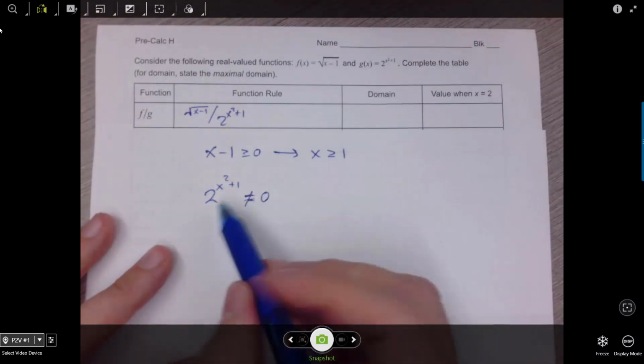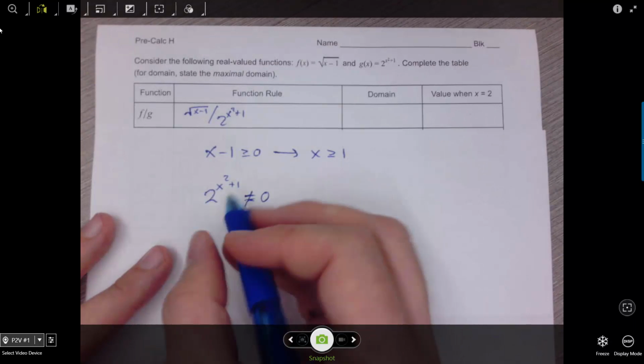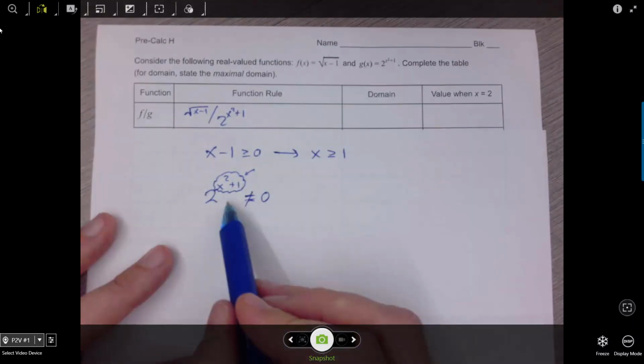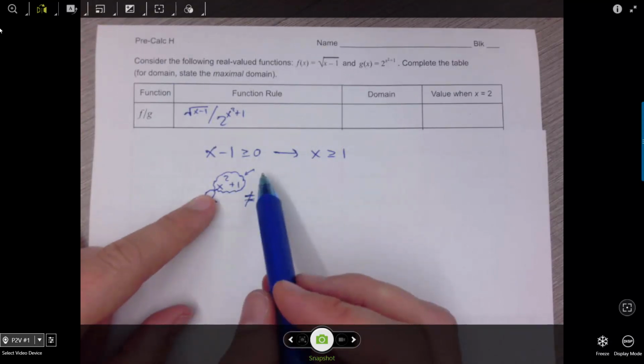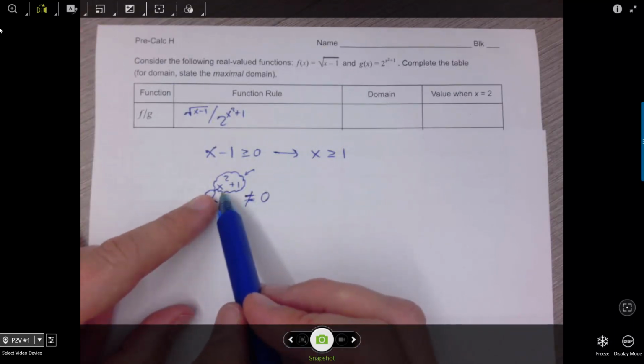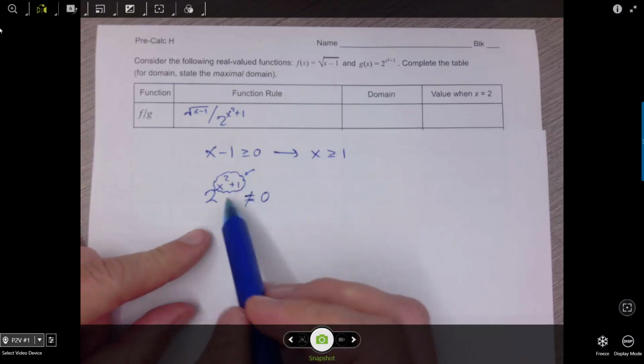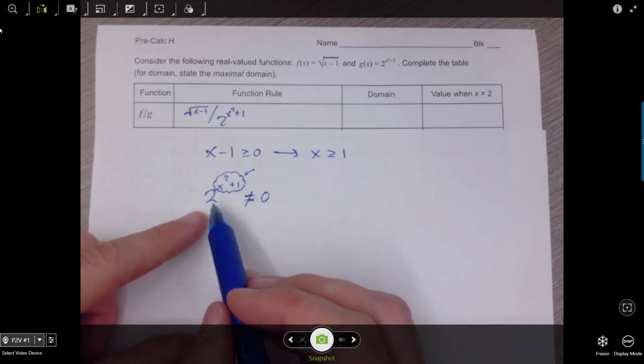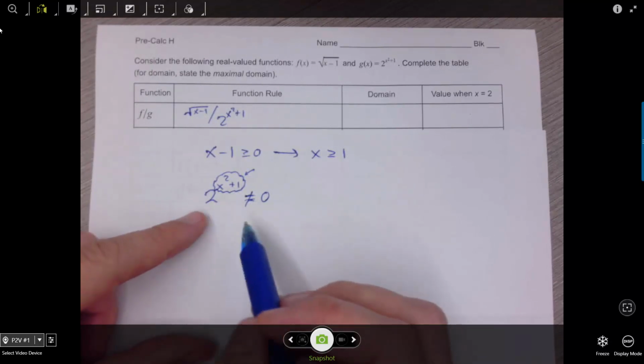In this case, there's several ways of thinking about it. I think about it this way. So I think this is really just, in the exponent here, this is really just some number, right? No matter what I plug in for x, this is going to give me a number. And so no matter what this number is, no power of 2 is ever going to be equal to 0.